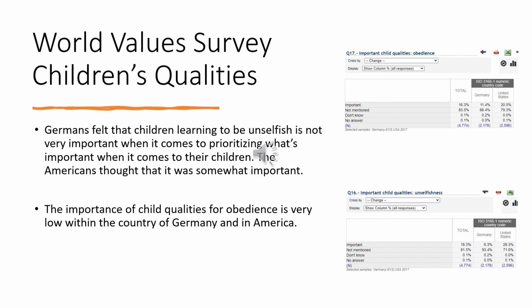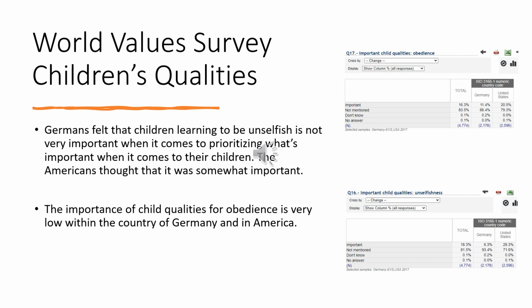Okay, and the importance of obedience. For both the Germans and the Americans, that was not a priority. They were very low when it came to those scores. Neither one of them felt like it was a priority to teach their kids obedience.